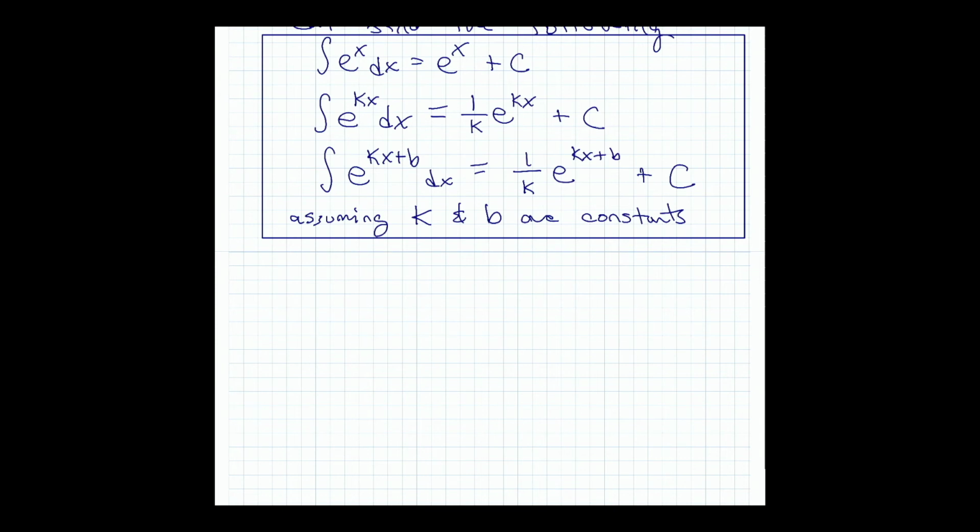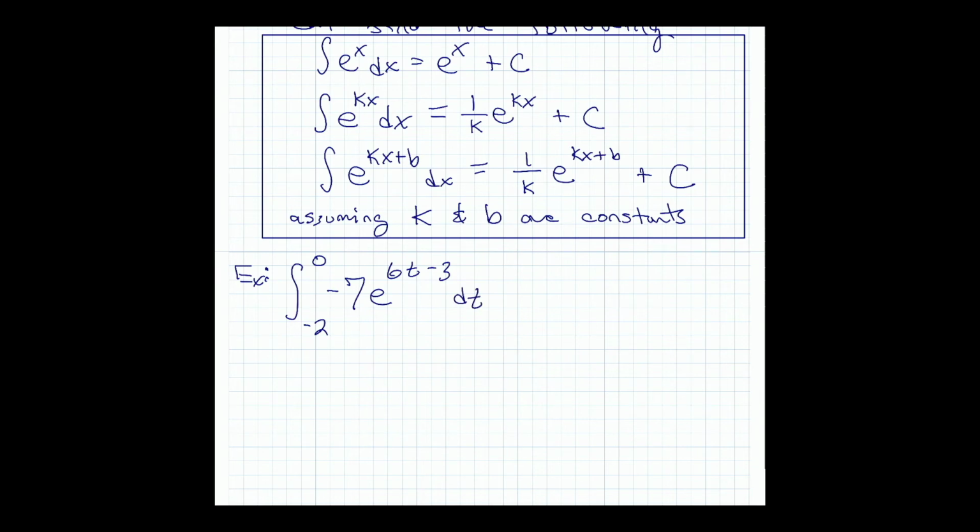So here's an example of one where you could do substitution, but if you know the formulas above, you'll save some time. So the integral from -2 to 0 of -7 e to the 6t minus 3 dt.